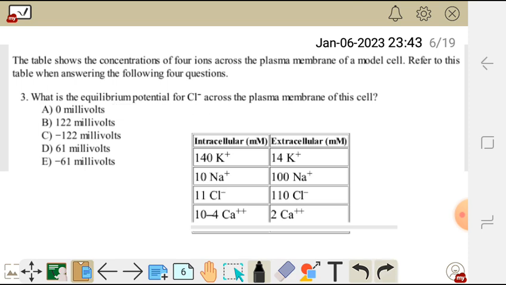So to find the equilibrium potential, we are going to use the next equation. We are going to take into consideration the extracellular millimolar and intracellular millimolar.